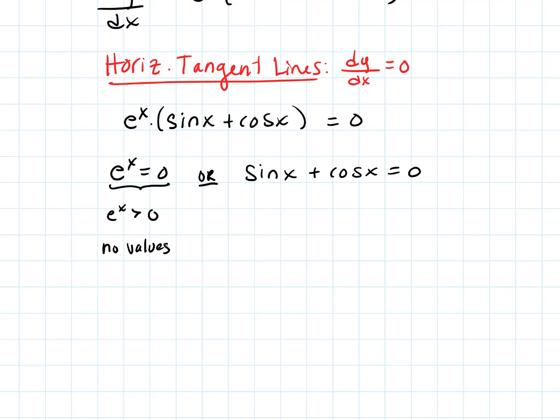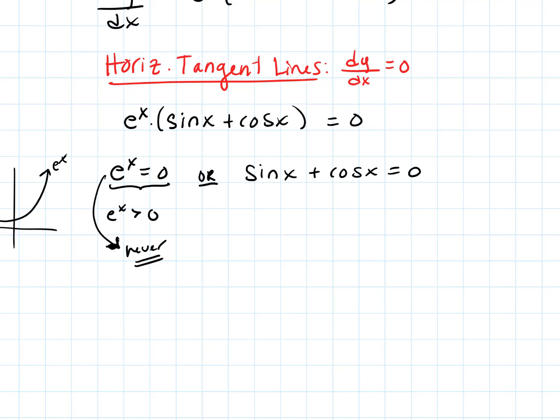This is never going to happen. If you want a visual, think about an exponential function. Exponential functions look like that. e to the x looks like that. So it's never equal to 0, because it's always greater than 0.